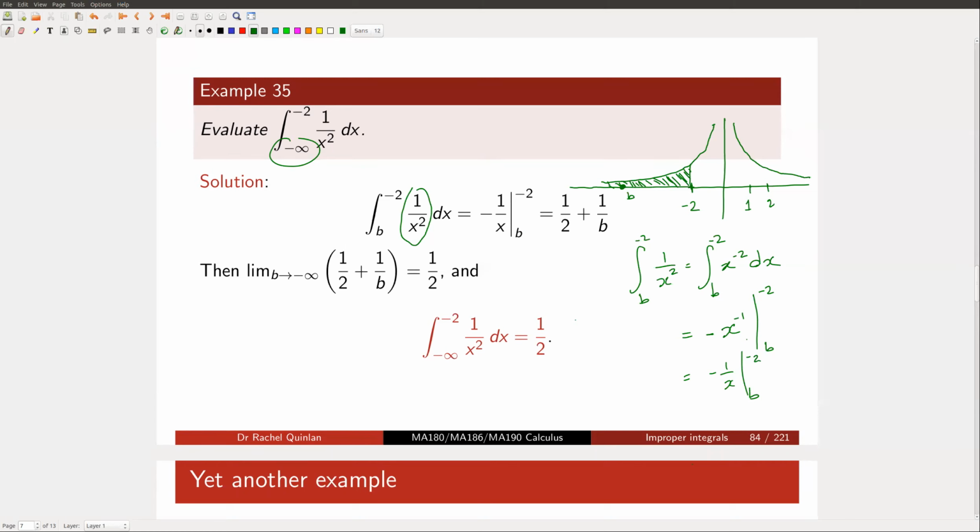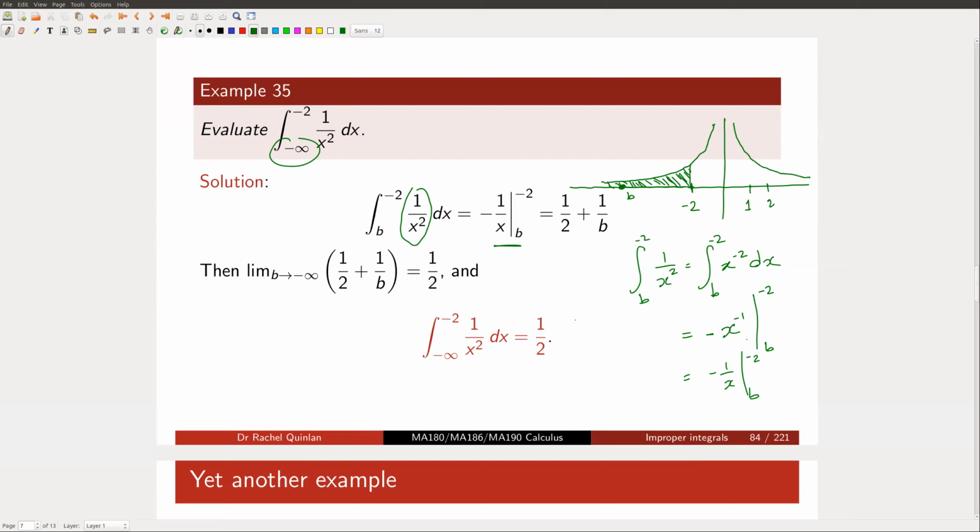There's a couple of steps skipped there. Of course, when we plug minus 2 in there instead of x, we get minus 1 over minus 2, which is plus a half. And from that, we're subtracting minus 1 over b. So we get 1/2 plus 1 over b. That is the integral from any b out to the left of minus 2 to minus 2 of 1 over x squared dx.